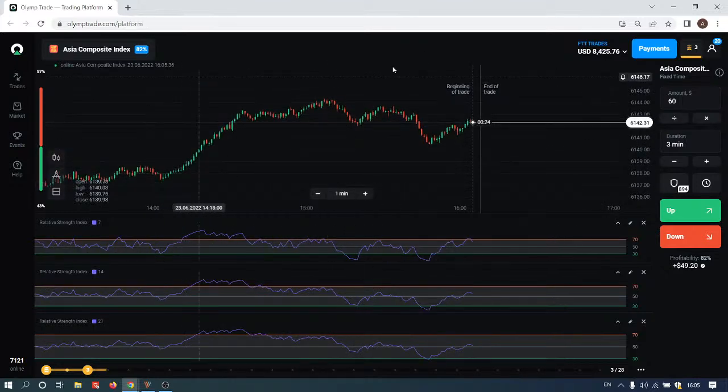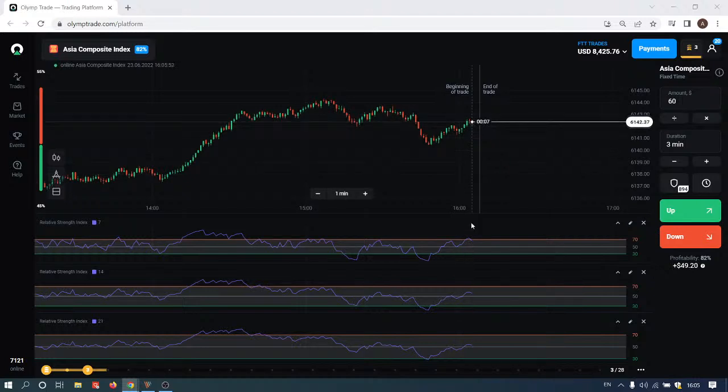Now the main setup with this strategy comes when all three indicators are in the overbought or oversold area. We have this red line on top of each indicator, and also this green line. They are called respectively the overbought area above the 70 line and the oversold area.